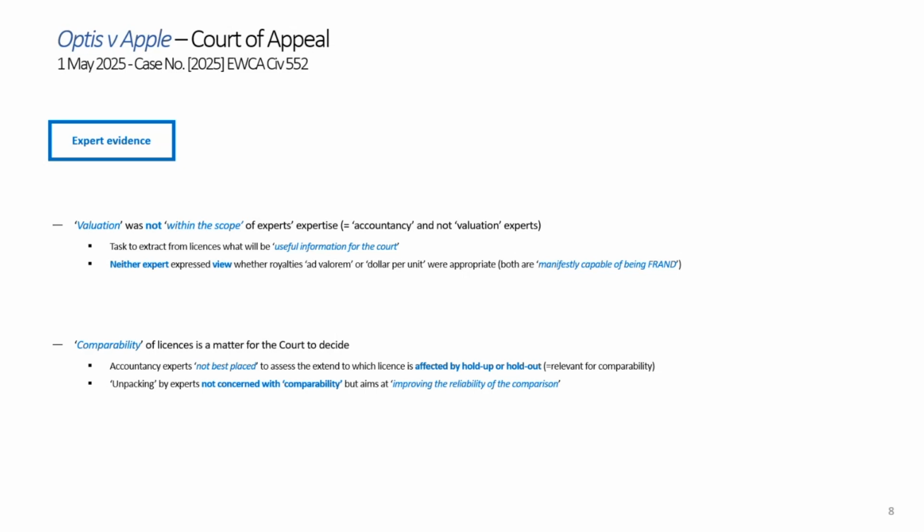So the court should also not have expected from the experts to have a view whether an ad valorem rate or a dollar per unit rate was correct here, which in the eyes of the Court of Appeal both could be found. But it should have done this exercise on its own. And therefore, generally, the court found that this idea to basically leave that all aside and not consider that was already very problematic.